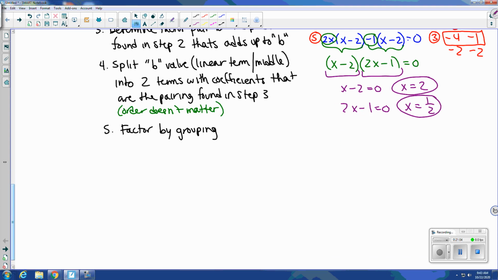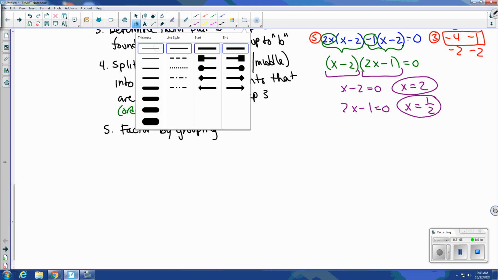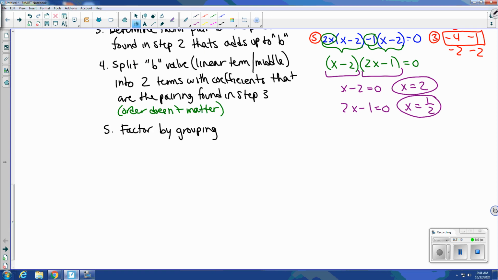So let's finish our algorithm here. Factor by grouping. Once you've factored by grouping, you're going to use the zero product property to solve the sub-equations for the solutions to the quadratic.